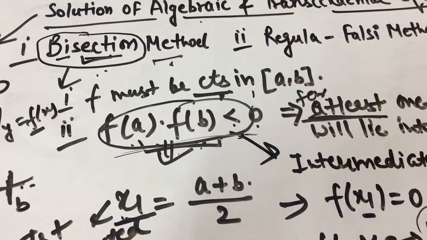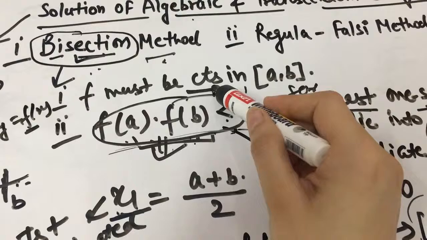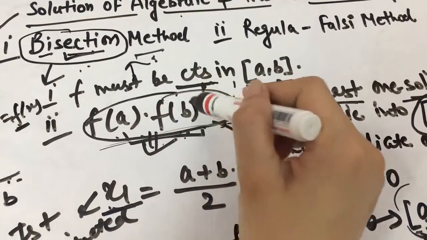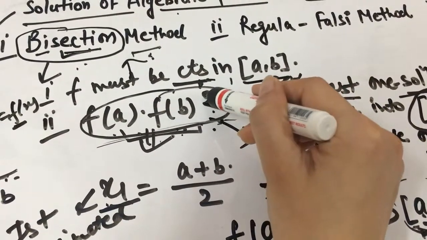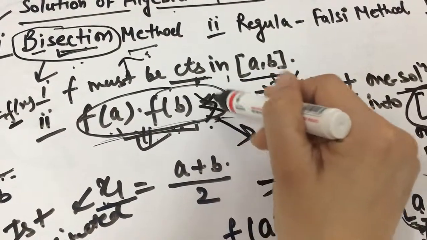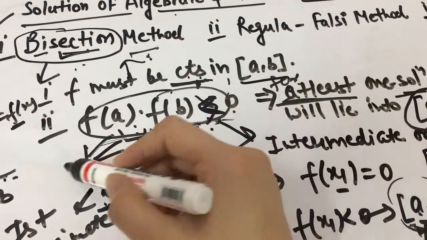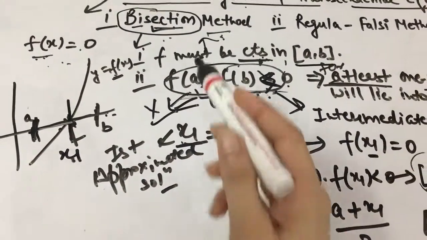If function is discontinuous in interval, then we are not able to apply bisection method. And if this condition doesn't hold, if suppose it is greater than 0, then function will not have any real root on x axis. So these are the basic requirements for bisection method.